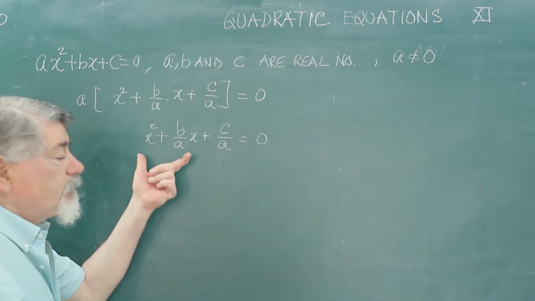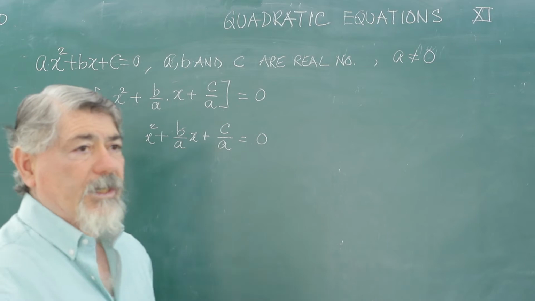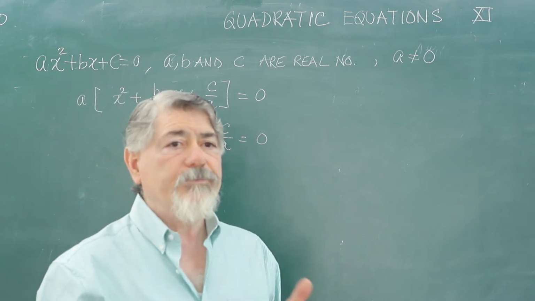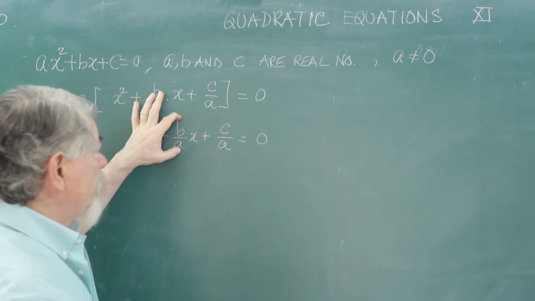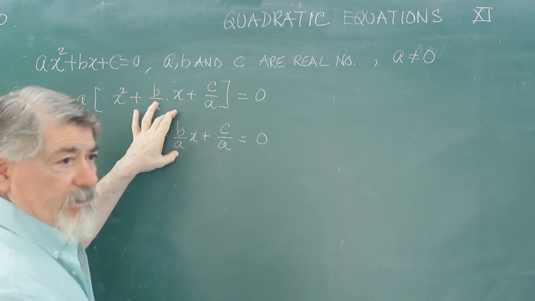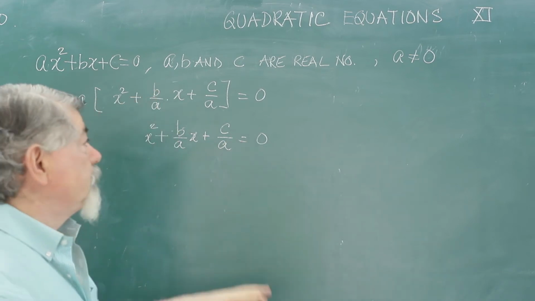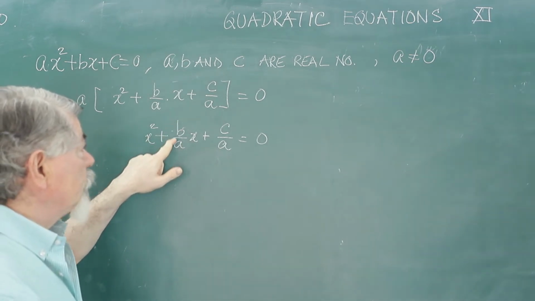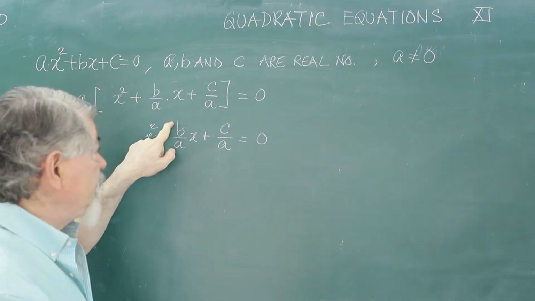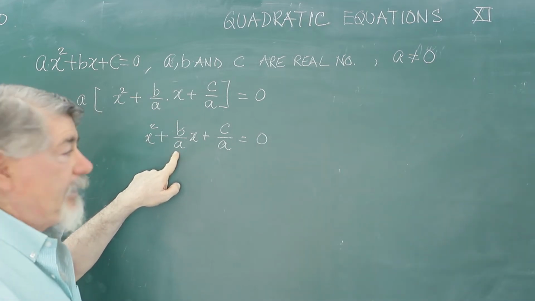Now, in junior classes you've learned how we make a perfect square. It is x square, this is a term with x, so I'll have to create another term. The method is to take half of the coefficient of x. Like b upon a is the coefficient of x here.